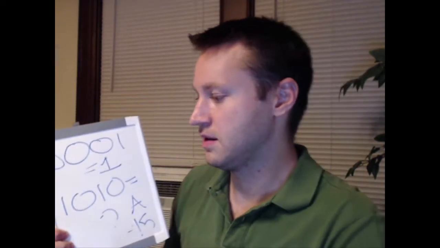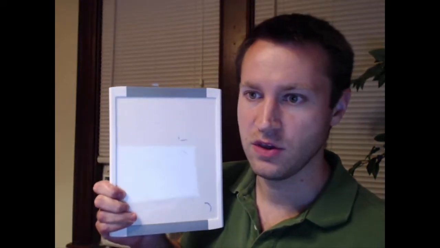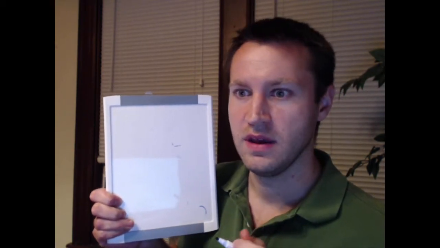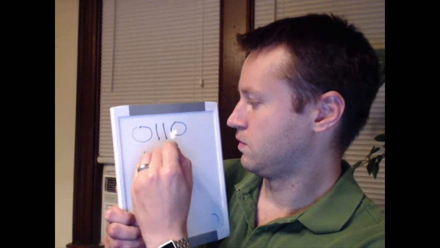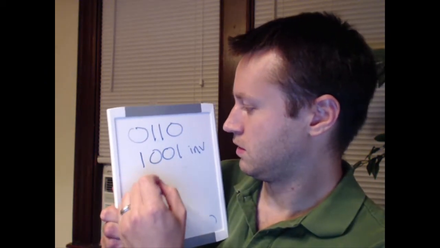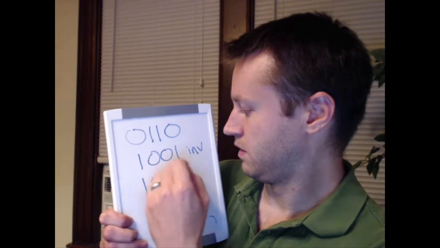Now, if you want to represent a negative number, you have to use something called 2's complement. The way 2's complement works is you take the number that you want, invert the bits and add 1. So if I want to represent negative 6, then I take 6, invert the bits, 1, 0, 0, 1, that's inverted, and then I add 1, 1, 0, 1, 0.